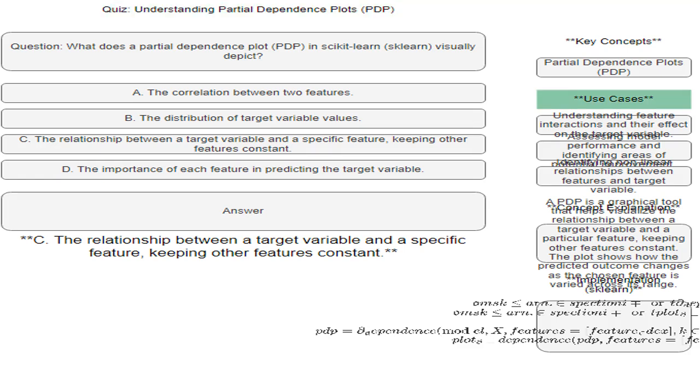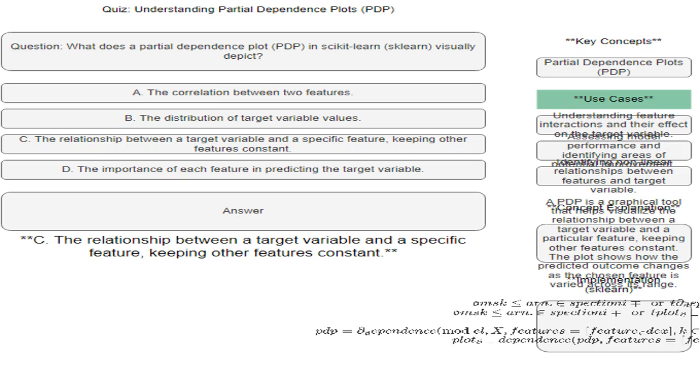PDPs can be used to understand how features interact with each other to affect the target variable. For example, a PDP could show that the relationship between a feature and the target variable is different depending on the value of another feature. PDPs can be used to identify areas of the model's performance that could be improved.